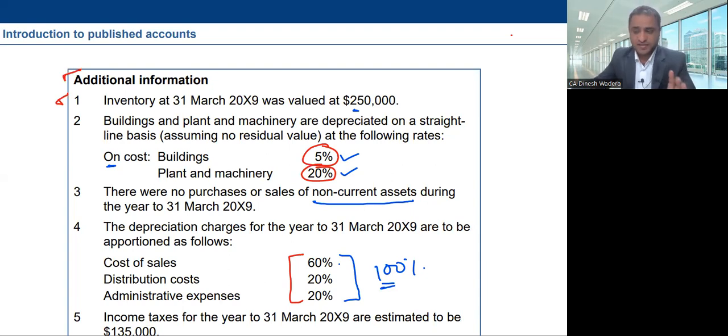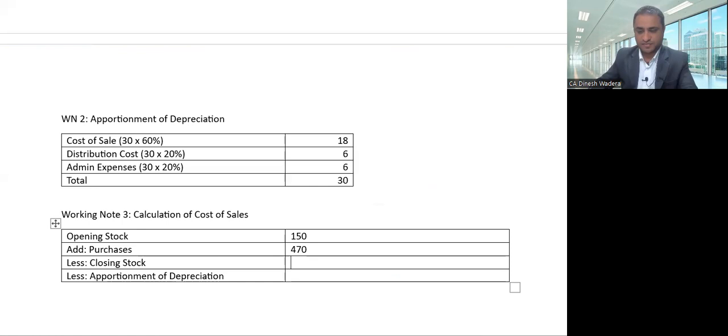It is not a thumb rule actually. In a few questions, you will see that closing stock is forming part of a trial balance. It means the book adjustment has already been made for that. I will let you know in detail how it happens. So just mark it so that we would know that this adjustment has been taken care of. 250. So we have to subtract, so you can simply show it as a negative figure. Less apportionment of depreciation on cost of sales will come to 18.